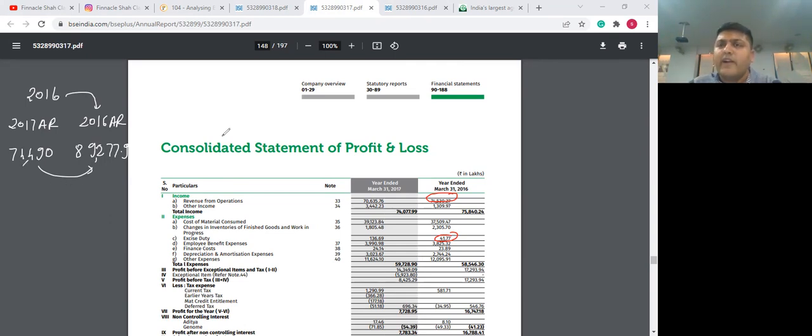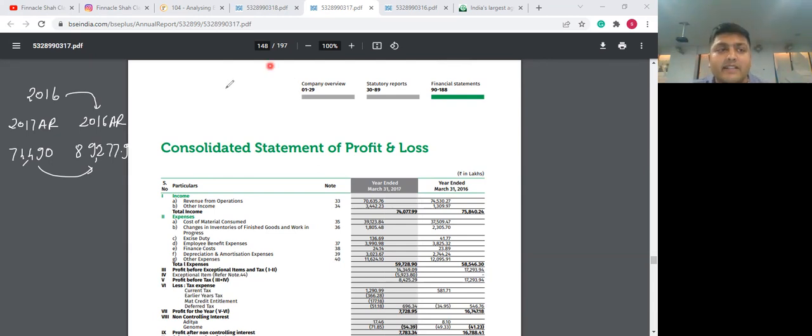So, to find out why exactly this difference is coming, you need to take a look at first, did the company change the way revenues were recorded? So let's take a look. I'm just going to keep these numbers here on the screen so that we are able to distinguish them properly. To understand whether the company changed the way they record revenue, you need to go to the revenue recognition policies of the 2017 annual report and the 2016 annual report.